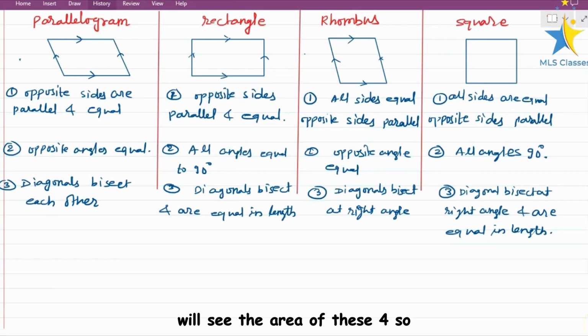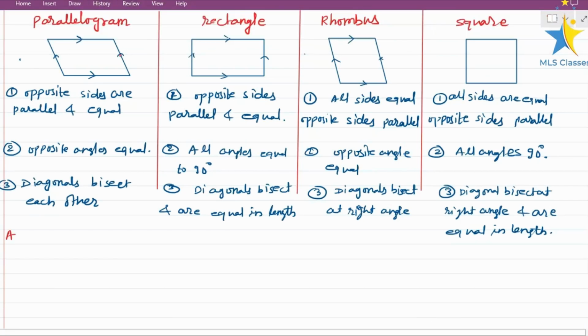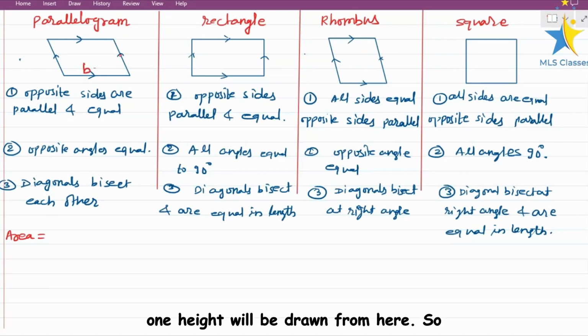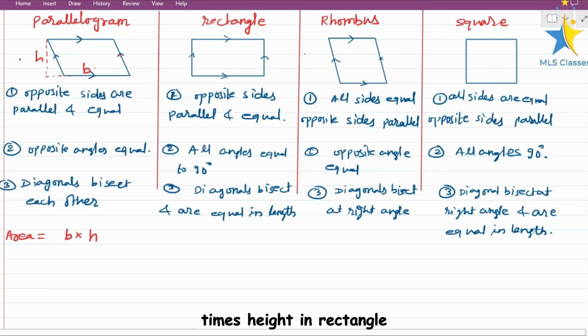Now let's see the area of these four. For the area of a parallelogram, suppose this is the base and one height is drawn from here. Suppose this is the height, then the area is base times height. In rectangle, area is given by length times width.